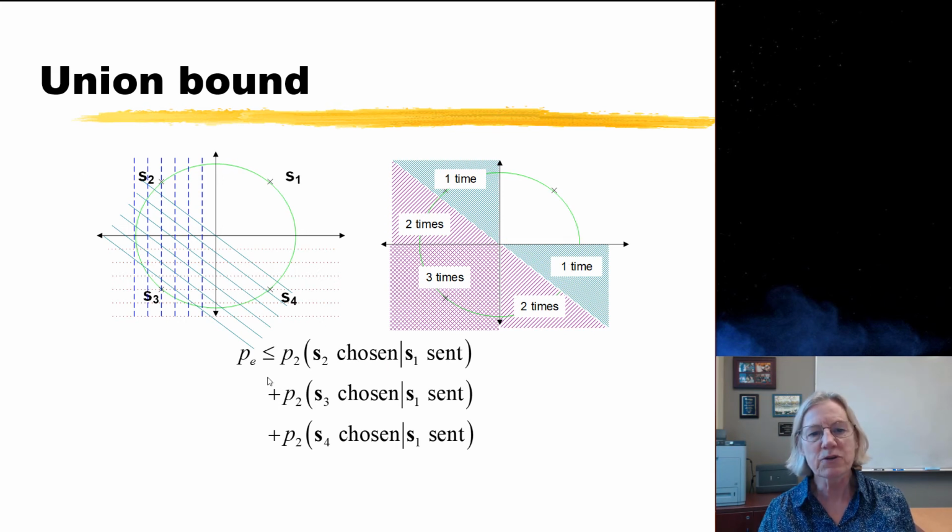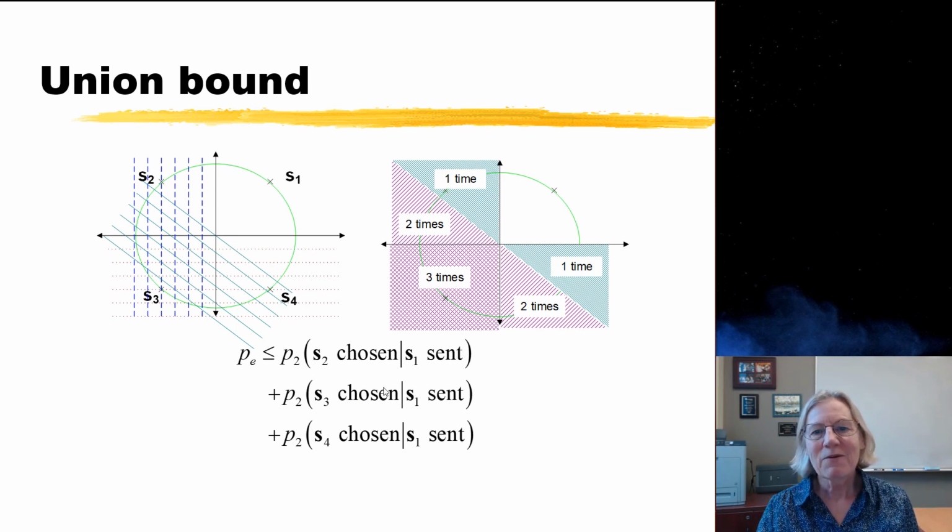Okay, so when I'm doing this summation, when I'm getting this bound, there's some things that I'm really overcounting. Like I'm counting this region in each one of these 3 terms. I'm calculating the probability of falling in this lower quadrant. So, you know, I'm really overestimating it by 3.